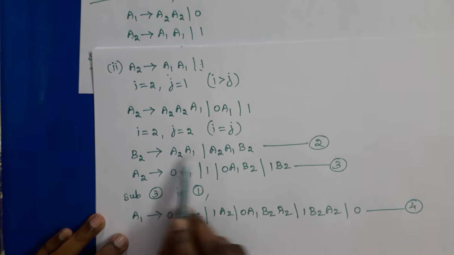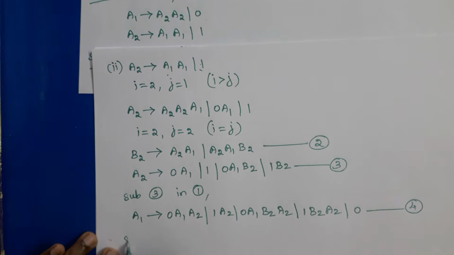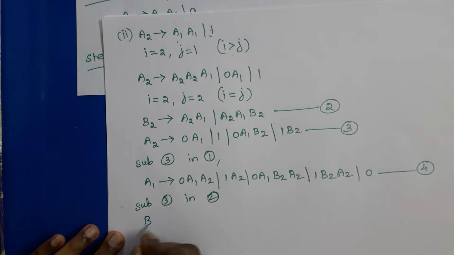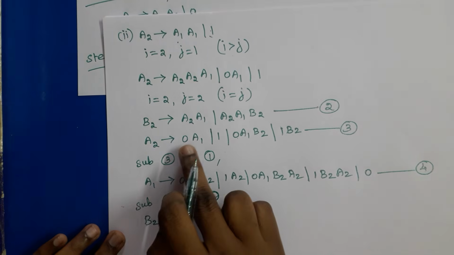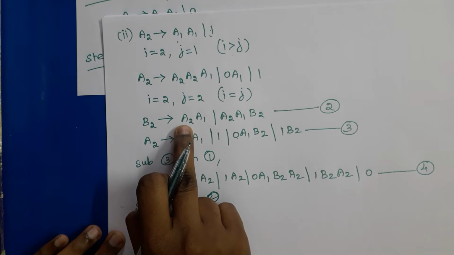So again here both the productions start with A2, so we have to substitute 3 in 2. So substitute equation number 3 in equation number 2, means we will get B2 tends to, first we have to substitute all these 4 equations in place of A2.